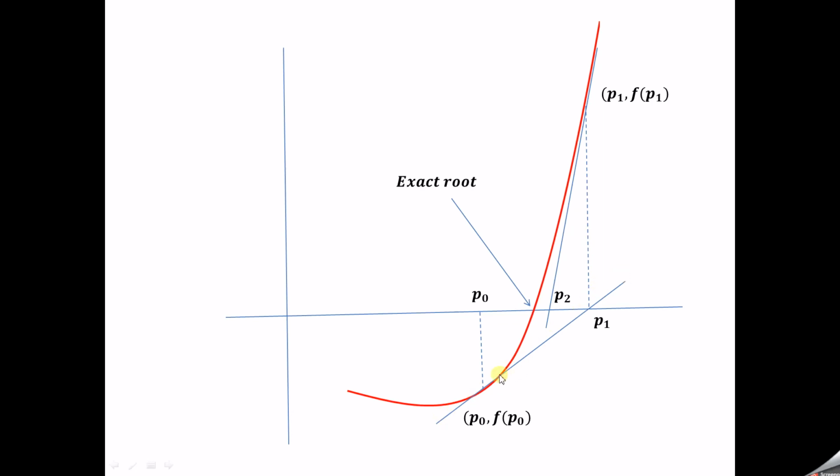If the tangent slope is 0, then this tangent line will be parallel to the x-axis, and in that case, it will not intersect the x-axis, and you cannot find P1. P1 is the point where the tangent line intersects the x-axis. So when the tangent line slope is 0, it will be parallel to the x-axis and it will not intersect the x-axis. Therefore, we cannot have P1, the next approximation. So graphically, that is the reason why f derivative at P naught is not equal to 0.